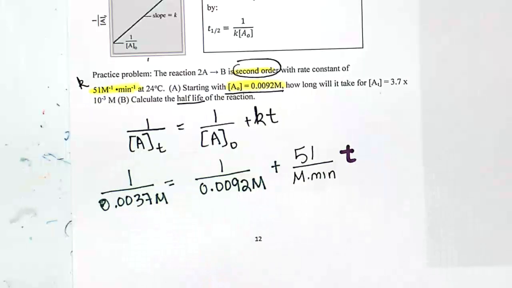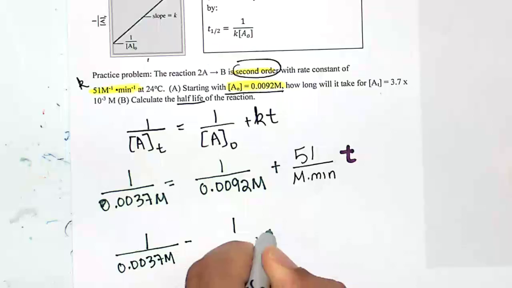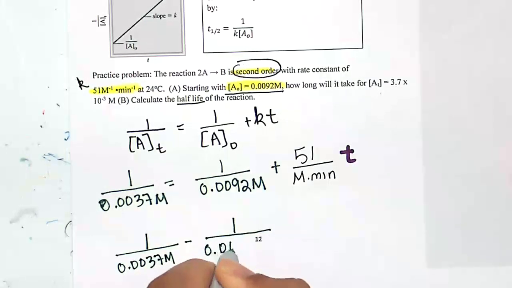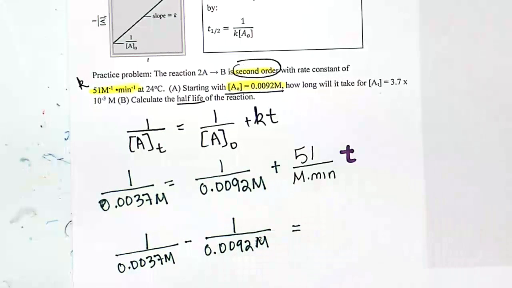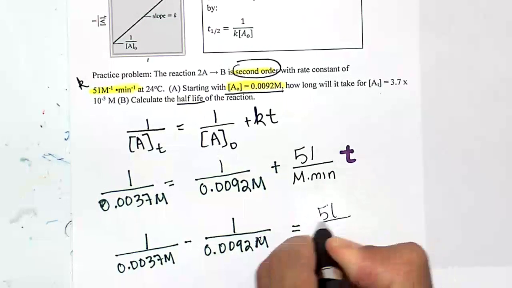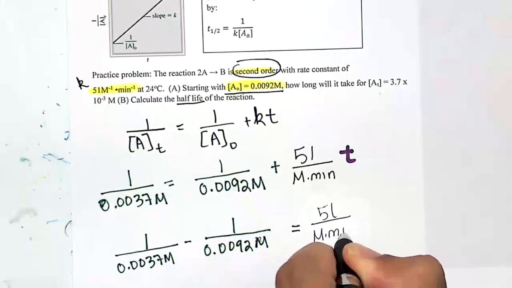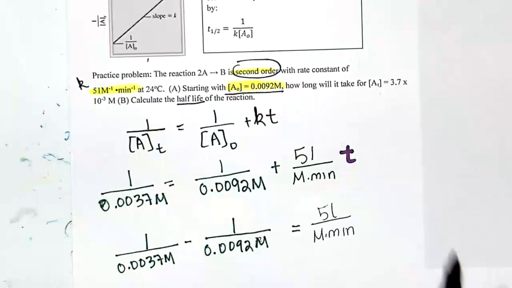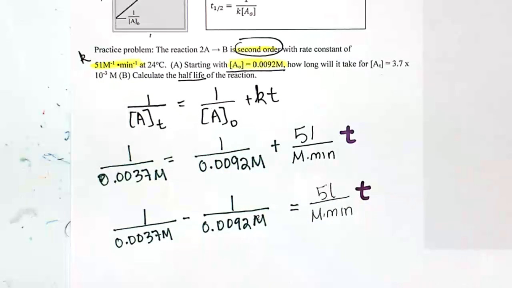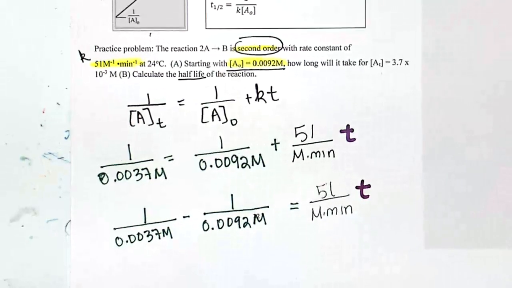We'll do 1 over 0.0037 equals 1 over 0.0092 M plus 51 times T. We will solve for T. Everyone okay with this algebra?